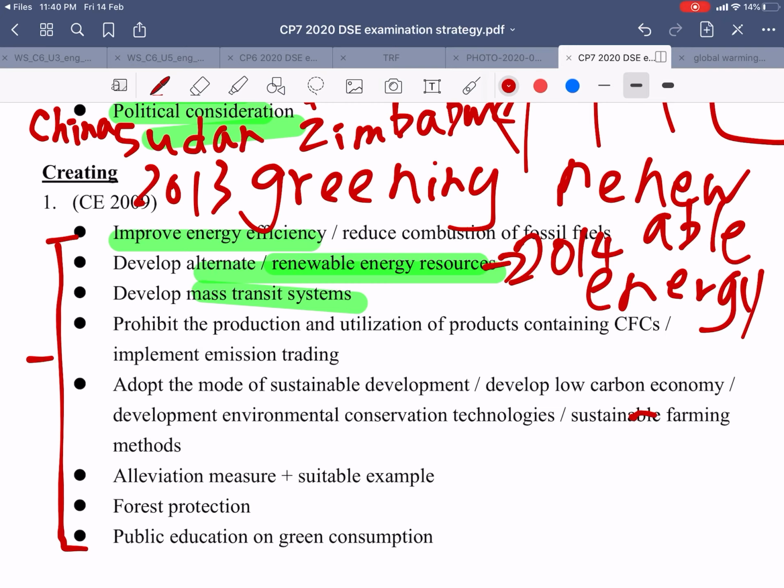Develop mass transit system, increasing energy efficiency, just like shifting those coal that is very low in energy efficiency, and right now, just like Hong Kong, we are going to shift the coal into the natural gas for electricity consumption, okay. And this is improving energy efficiency already, okay. Production of CFC, ban the CFC, one of them adopt the sustainable development.